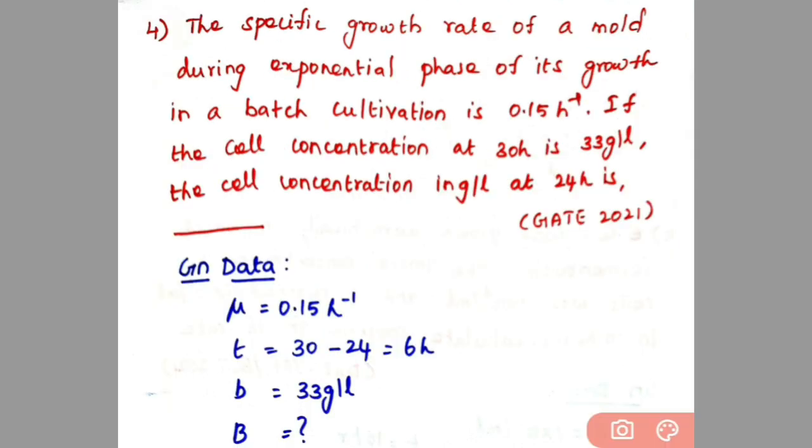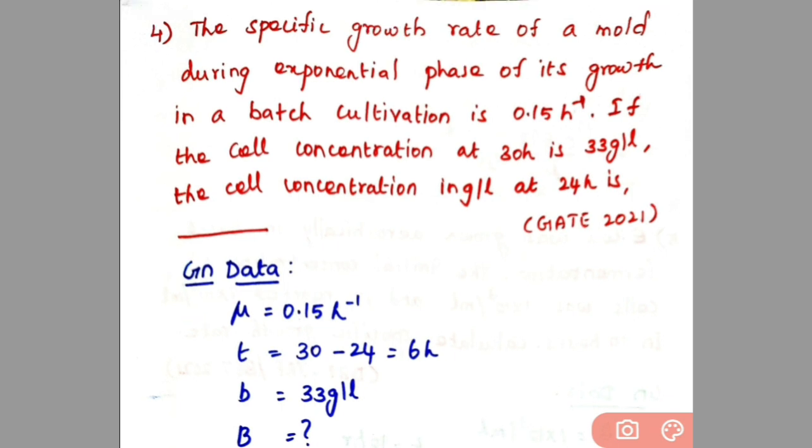Next problem: the specific growth rate of a mold during the exponential phase of its growth in a batch cultivation is 0.15 hour power minus 1. That is, your specific growth rate mu is 0.15 hour power minus 1. If the cell concentration at 30 hour is 33 gram per liter, what is the cell concentration in gram per liter at 24 hour?